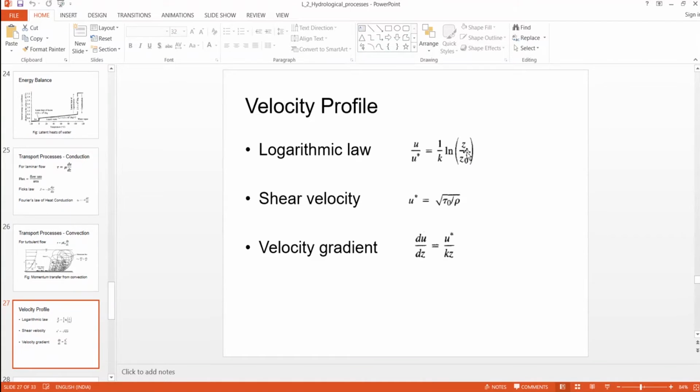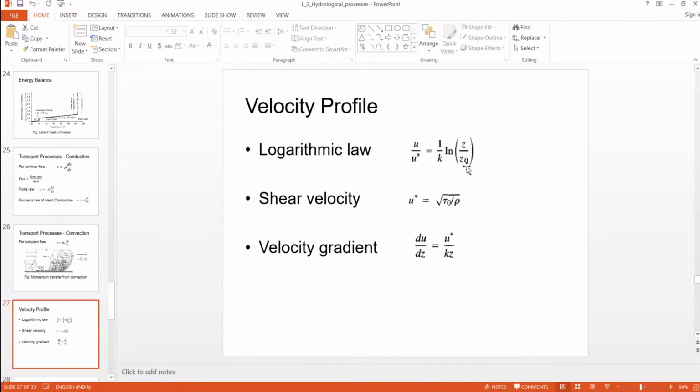And the z is the location coordinate, the vertical coordinate of a point where we are interested to find u. U star is called the shear velocity or friction velocity. This represents the friction, and for a given velocity profile, this u star is constant.